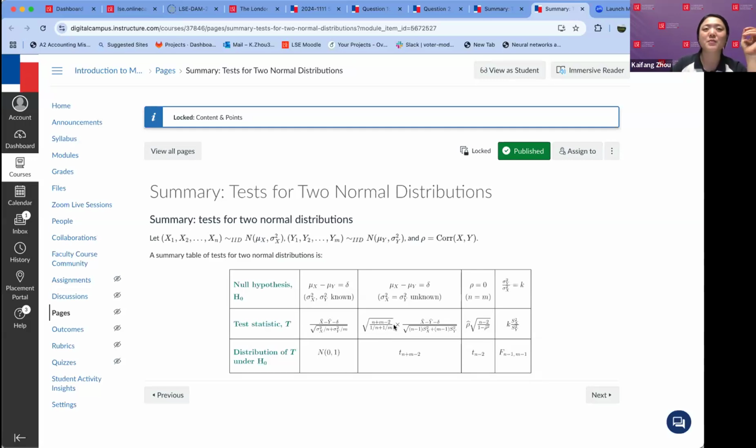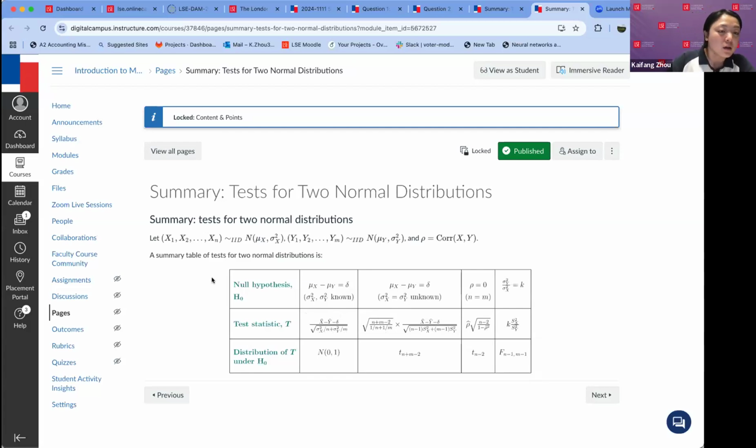My recommendation is that you should not just remember all the formulas for the test statistics; you at least need to learn how to derive the proof for them. In one of the past years, we put a question like: show that the test statistic t is equal to this, for the case that the population variance is known and we would like to carry out the hypothesis test for the difference of mean.